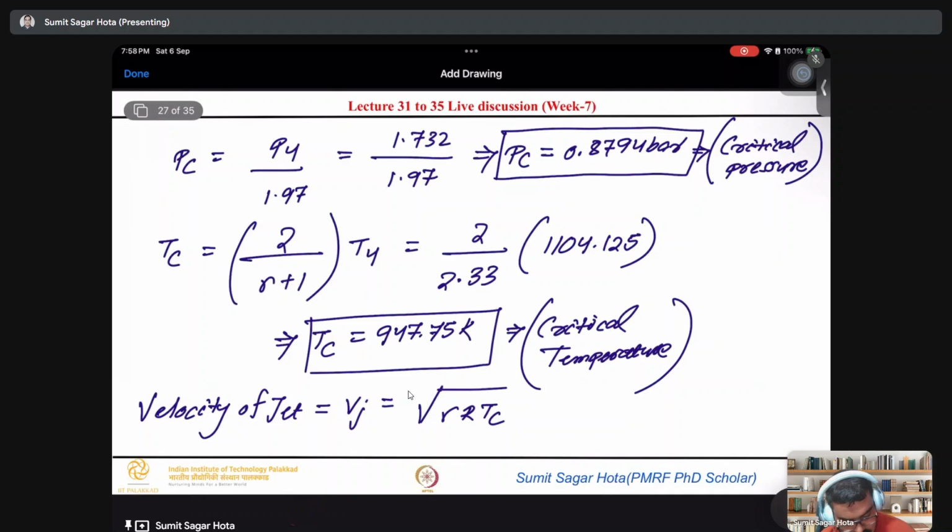Your gamma is 1.33, R is 284.6, into 947.75.